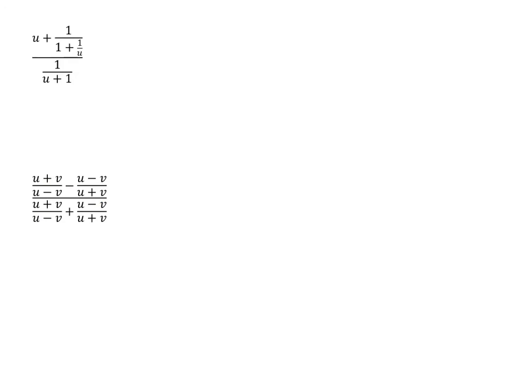For this next one, I'm going to combine method 1 and method 2. So I'm going to start by focusing just on the numerator. And what I want to do is multiply everything in the fraction by the common denominator u. So I'm going to multiply the numerator by u, and then I'm going to multiply each term in the denominator also by u.